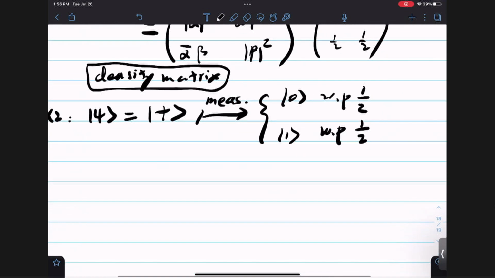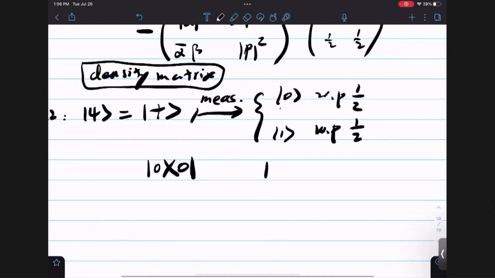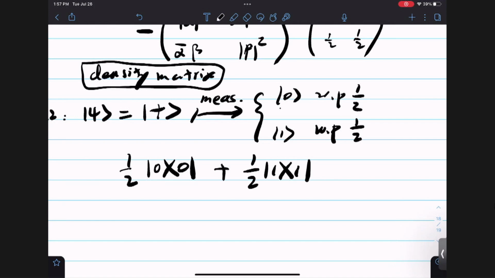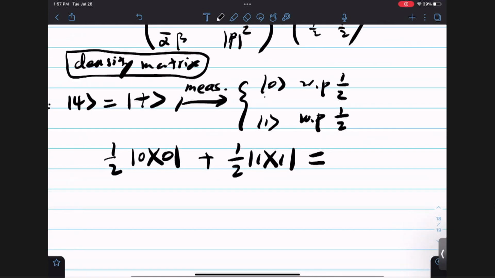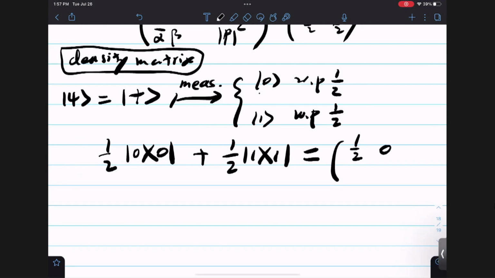In this 0 case, we can write down the corresponding density matrix, which is |0><0|. And for 1, we can also write it down as |1><1|. Now, how do we combine this? Well, it's just going to be a probability mixture, meaning with half probability you get this density matrix, with half probability you get the other one. Just take this. This will be the density matrix to describe the posterior state of this measurement. And in matrix form, it will be diagonal with half on the diagonals.